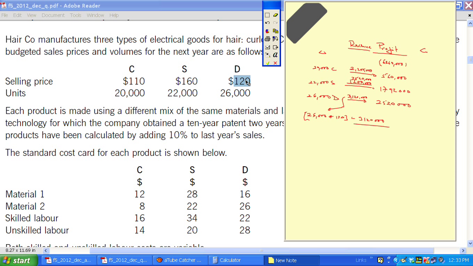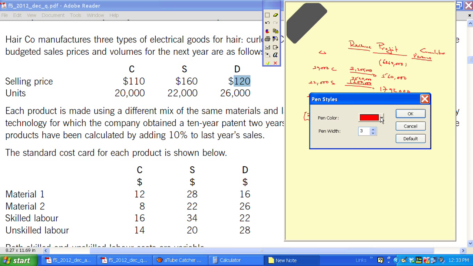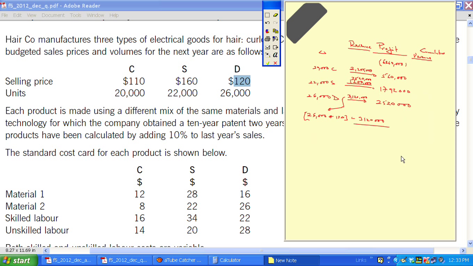What I need to get now is the cumulative revenue. At 0 activity level, of course, the revenue is 0. Then the revenue at this point is 2.2.